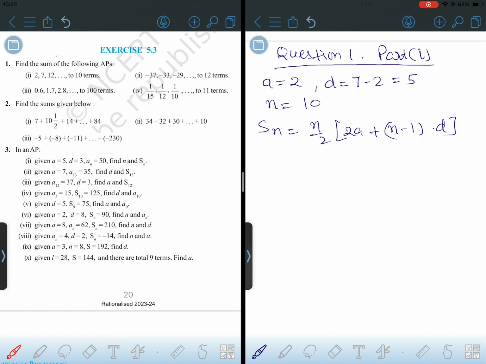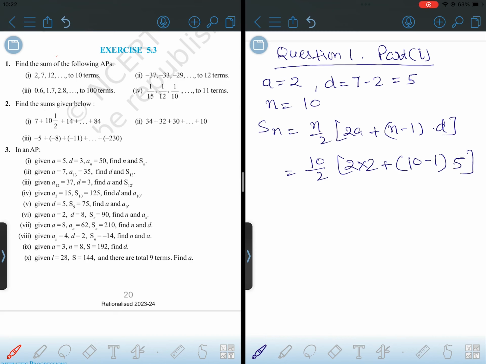So we have n as 10, so 10 upon 2. Then we also have the value of a, that is 2 into 2, and n is 10 minus 1. The value of d is 5, right?